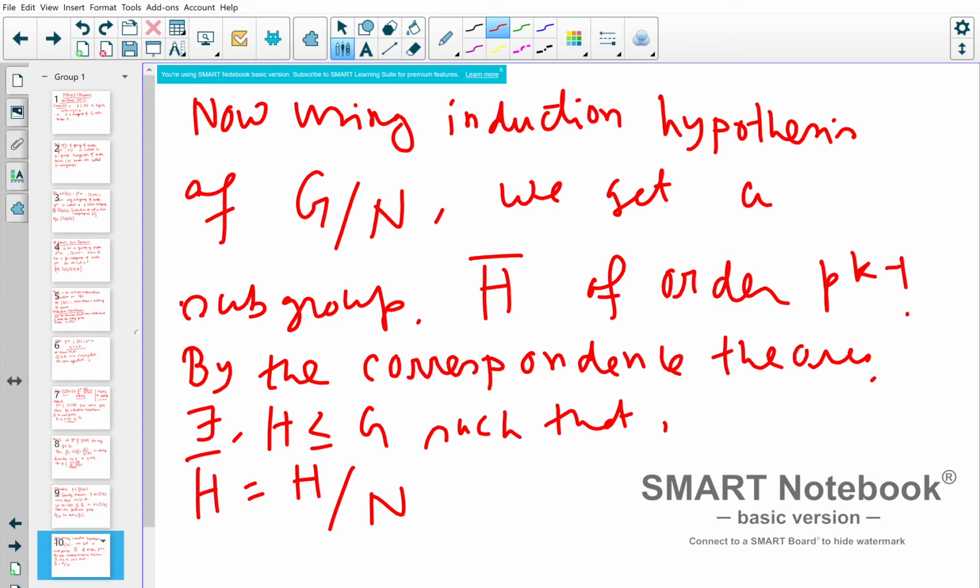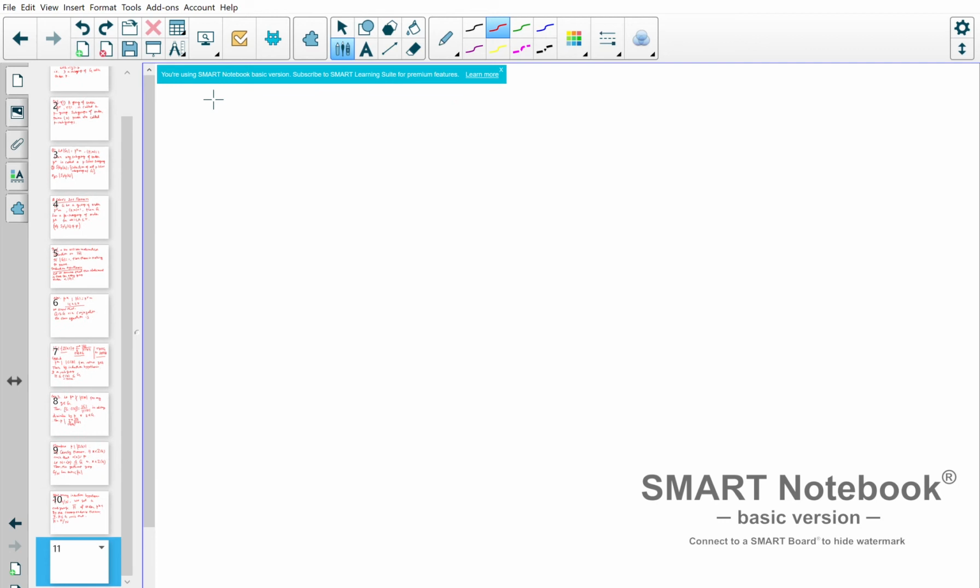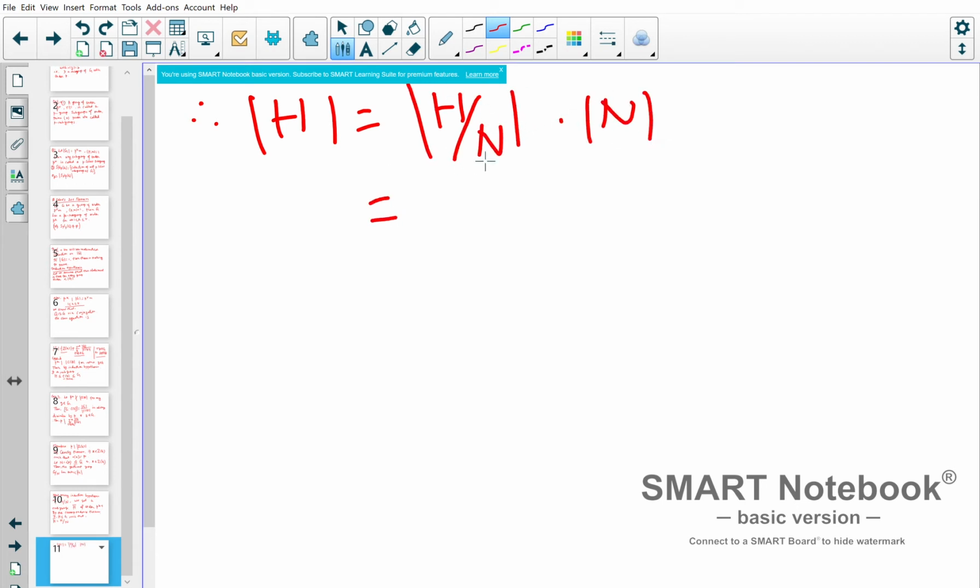Yeah, so this is almost done. So you know H bar has order p power k minus 1, N has order p. Then what is the order of H? Finally, the order of H is nothing but the order of H mod N times the order of N, right? So H mod N is p power k minus 1, and this is p, so this is p power k.